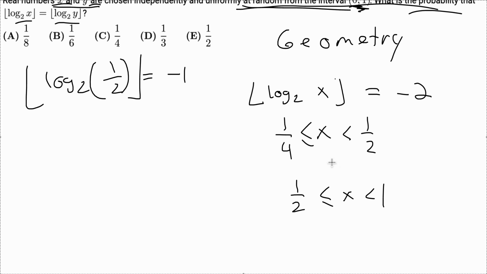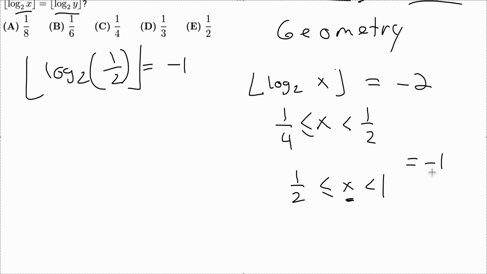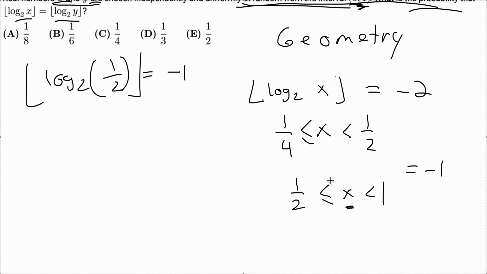The floor of that is going to be -1, because it's going to be negative 0 point something if x is between this range, and taking the floor of negative 0 point something gives us -1. And similarly here, if x is in between 1/4 and 1/2, the log base 2 of that is going to be -1 point something, and taking the floor of -1 point something gives us -2.